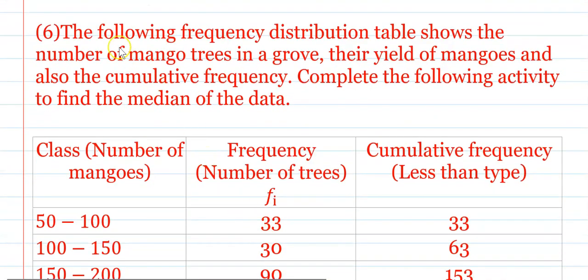Next. The following frequency distribution table shows the number of mango trees in a grove, their yield of mangoes, and also the cumulative frequency. Complete the following activity to find the median of the data.